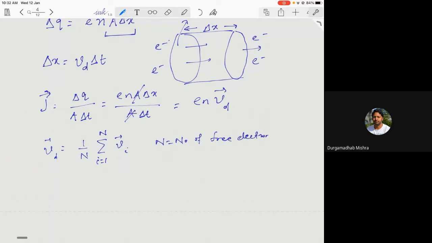We are not considering other electrons which are bound to the atom or the core. These are basically the valence electrons from the atom. So this is the summation, and Vi is the instantaneous velocity of, let's say, the ith electron.